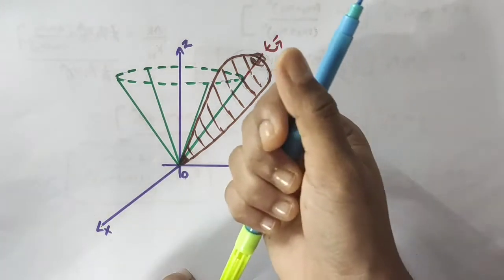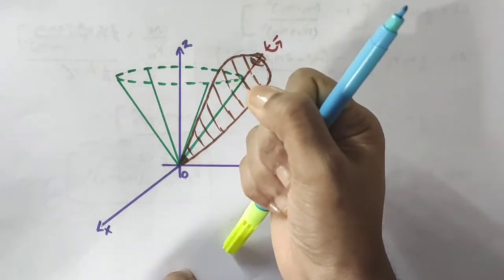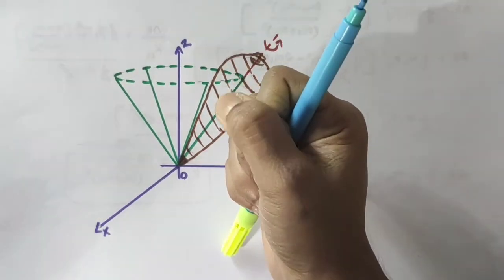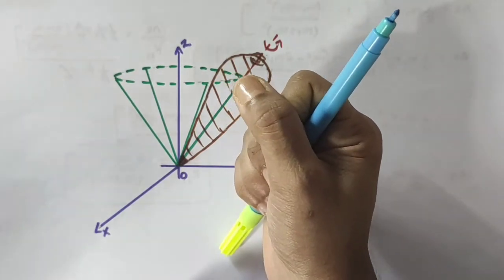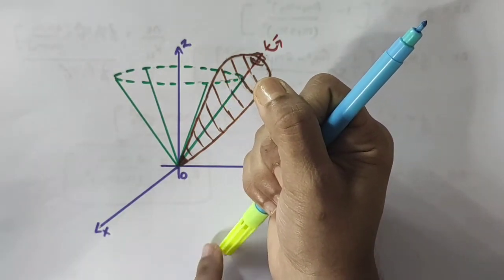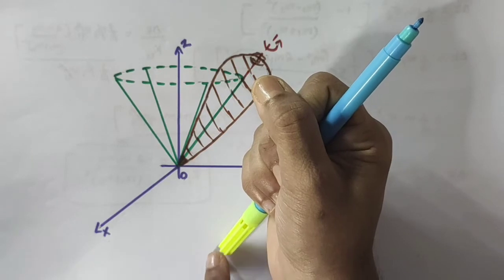Consider this part of my hand as the top, and let this be the tip of the top, which is in contact with the ground.